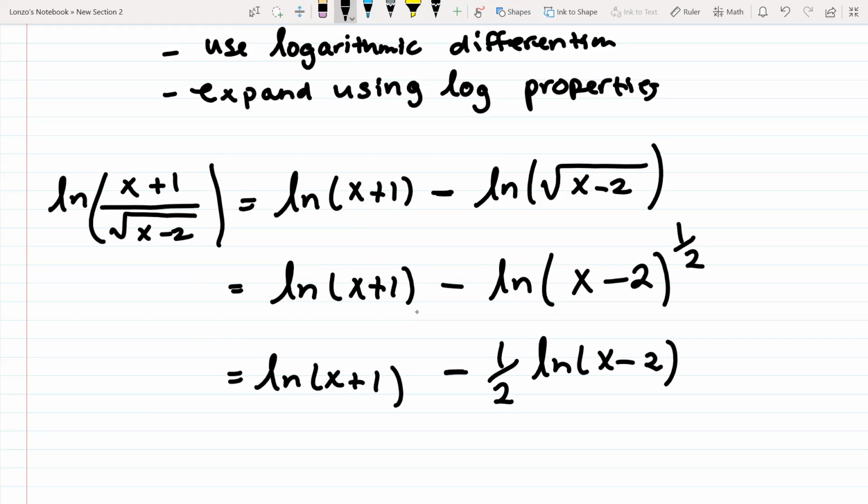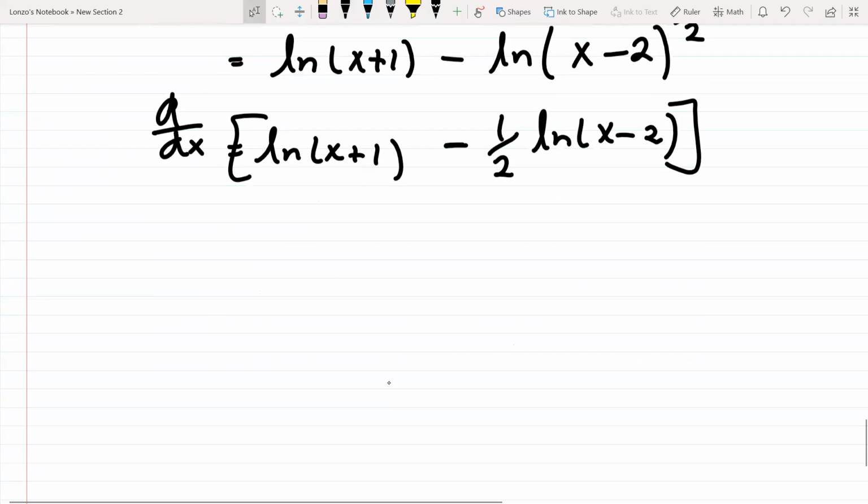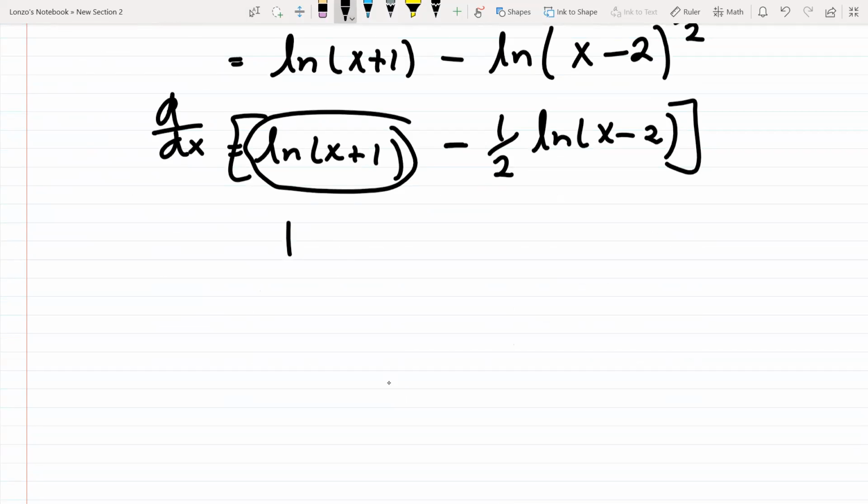Right? And then from here, we could just take the derivative. Let's start with this term here. How do we take the derivative of this? It's going to be 1 over x plus 1 times the derivative of the inside parentheses. Minus 1/2, and 1/2 is a constant, so we could just ignore that for right now.